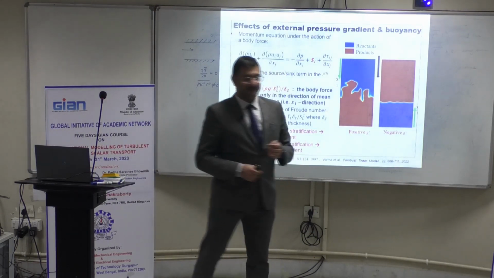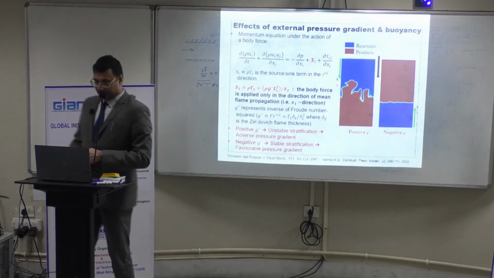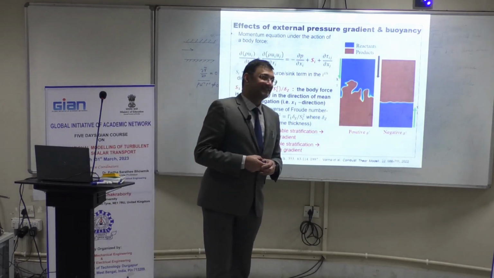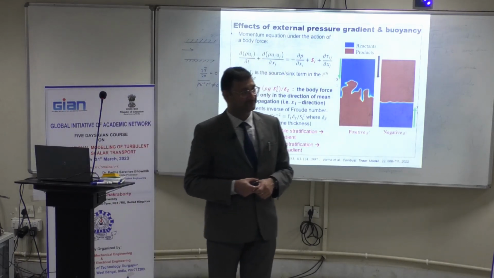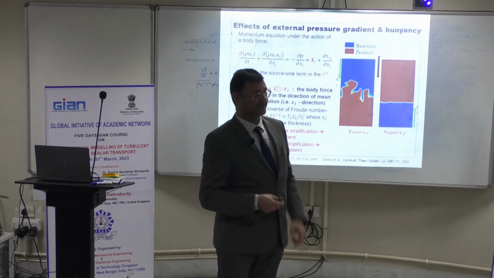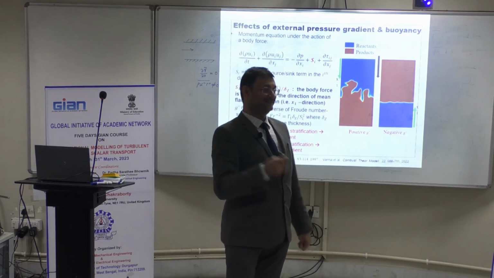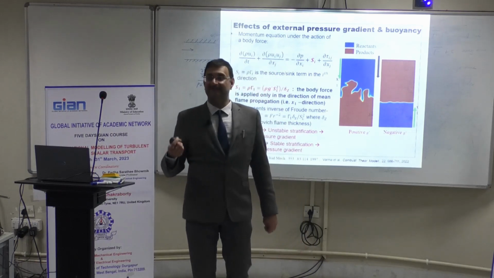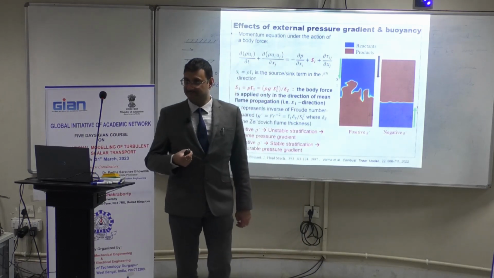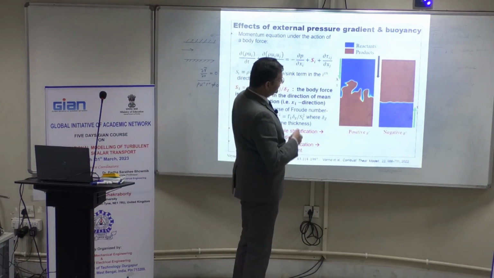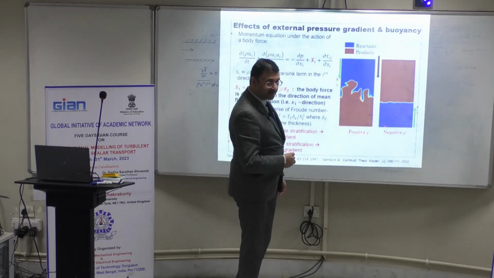Now, if you have understood that, then you can actually appreciate that external pressure gradient or body force will have an impact on the scalar flux behavior as well. So, as I told yesterday, this is positive g star.